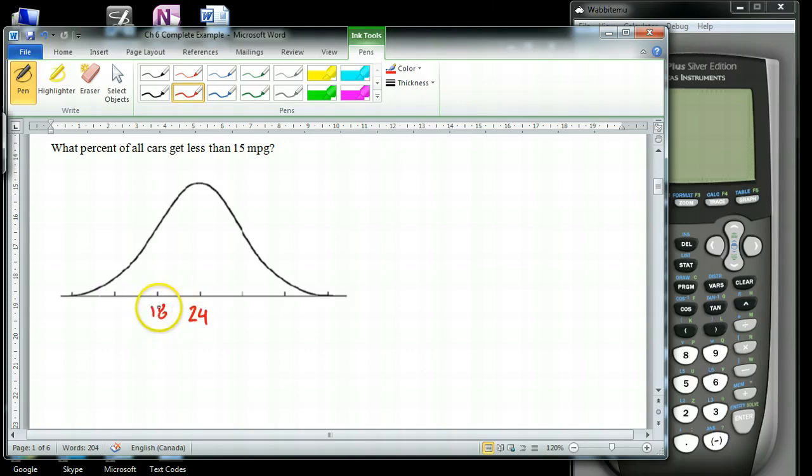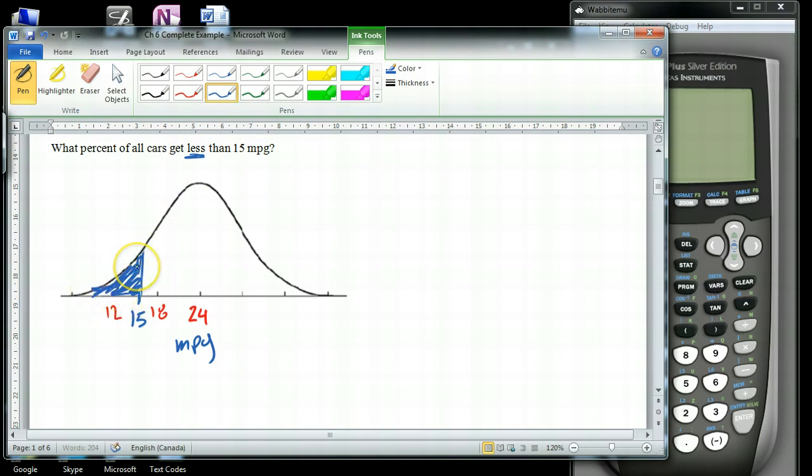This would be 18, this would be 12. So the value that I'm looking for would be somewhere here, 15 miles per gallon, and this is miles per gallon here. What percent of all cars get less than 15 miles per gallon? I'm looking for the area over here.